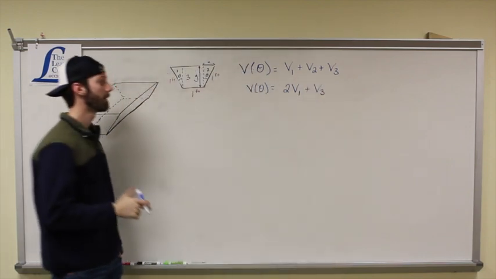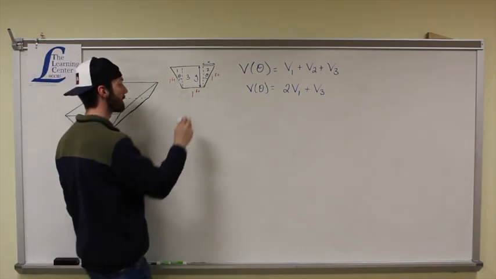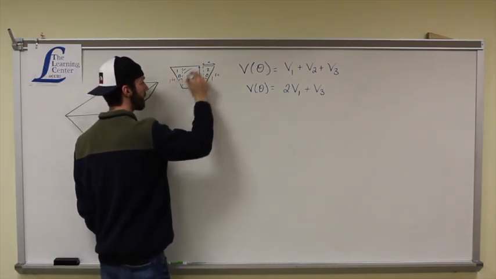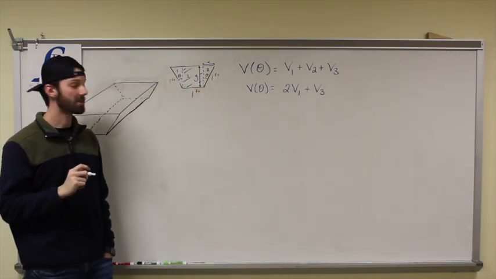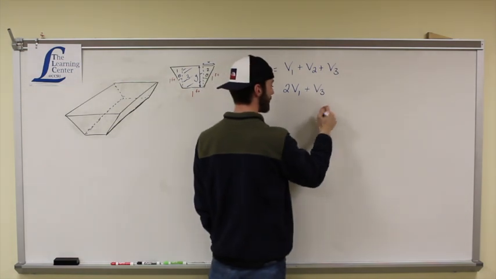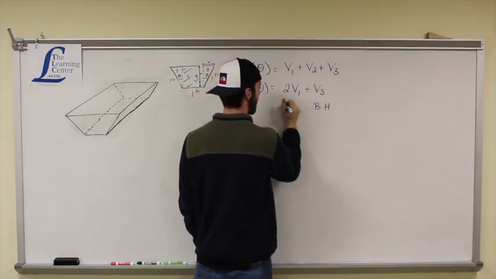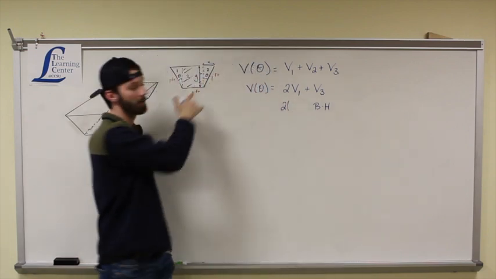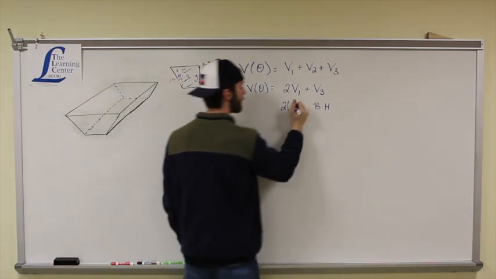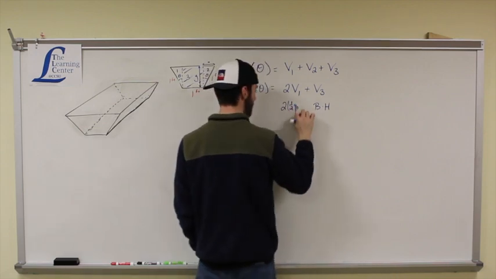Now our challenge is to find V1 and V3. V3 is pretty easy because it's just the area of this rectangle, so the area of V3 is base times height. The area of V1 is the area of a triangle, 1/2 base times height, where I'll call the base little b.